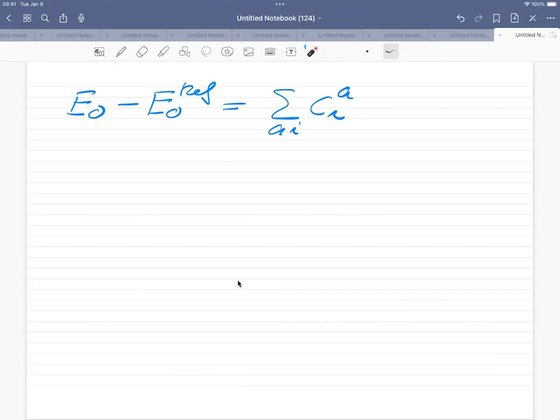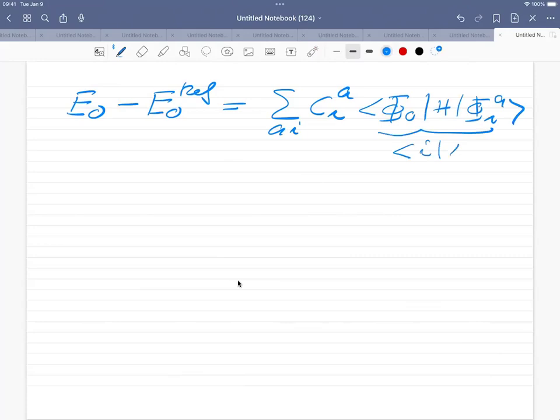So what I would have here now is an integral of phi 0 and H of phi IA. And we have already calculated this one. So this is given by this I of F of A, right? Plus the sum over AB IJ of Cij AB.